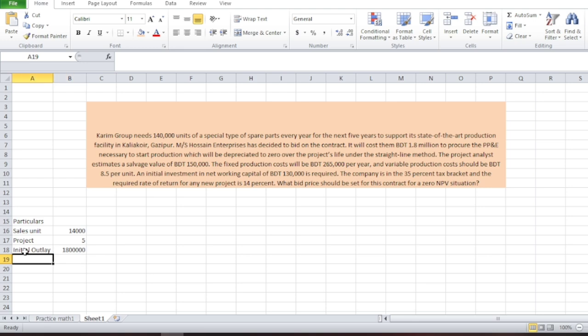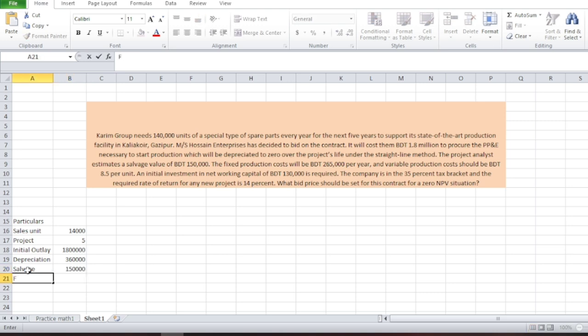And then we have the depreciation. We can easily find the depreciation by the initial outlay divided by the project years. So here is our annual depreciation. We have a salvage value, which is 150,000.